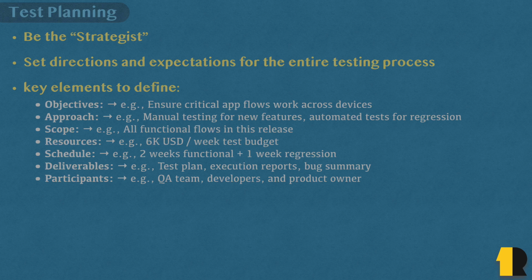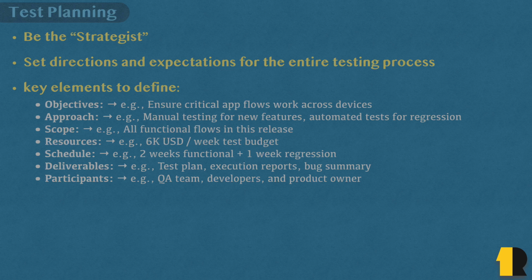Another element is the approach to be followed during the test execution. Broad lines, say new features to be tested manually and test automation for regression testing of the old features. The scope is where we define what to be tested and what is not to be tested. For example, our scope can include all SUT functional characteristics while leaving the non-functional aspects out of the scope.